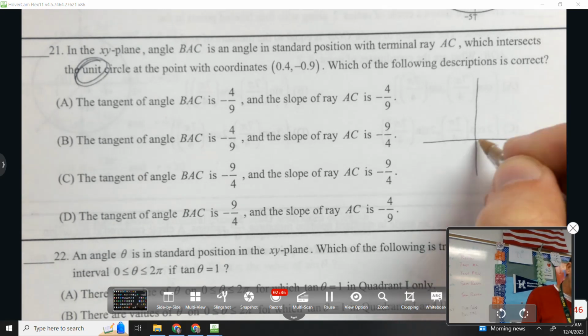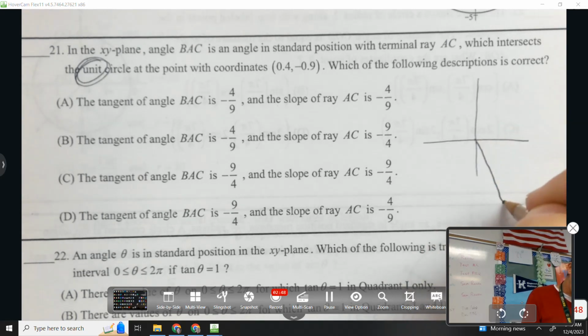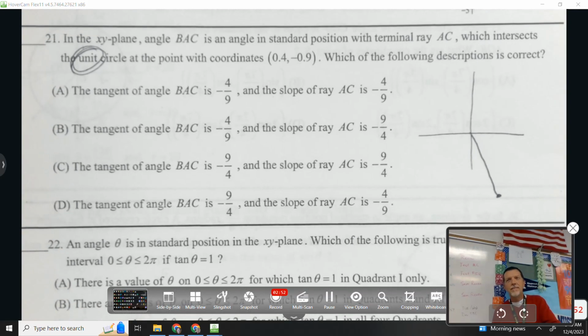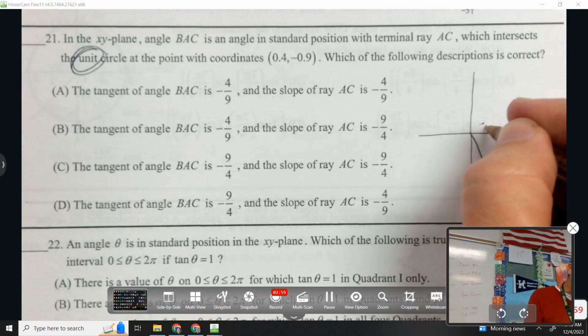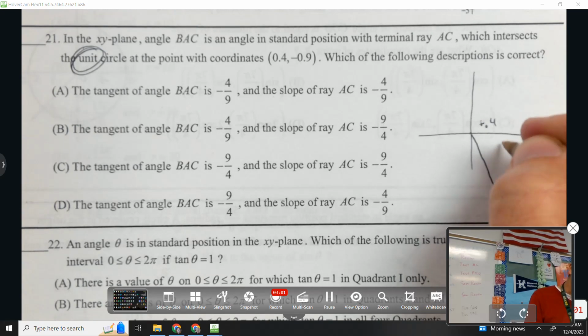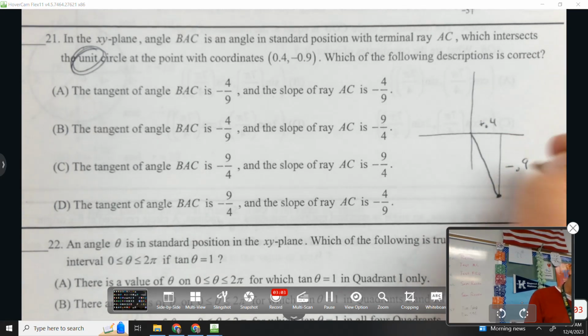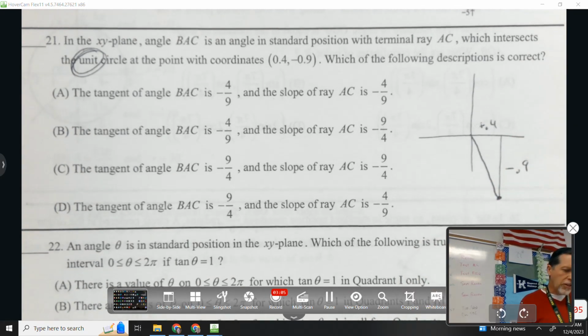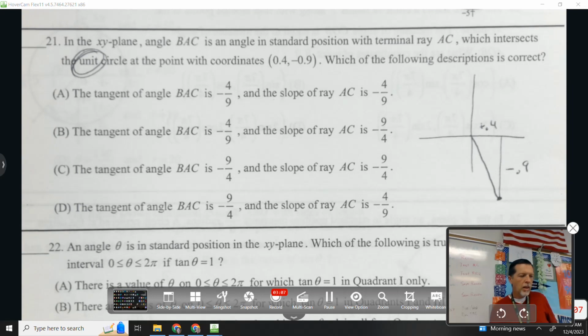Oh yeah, I have to look for radians to degrees on that SAT. So 0.4, negative 0.9. Oops, positive 0.4, negative 0.9. Which of the following descriptions is correct?